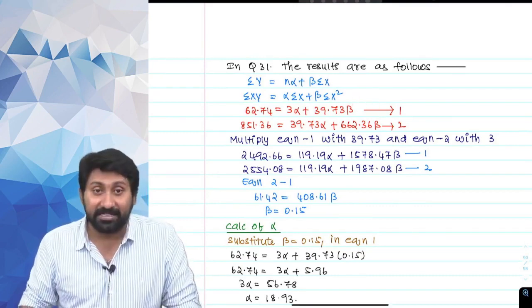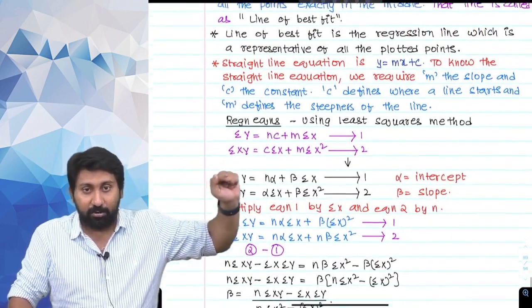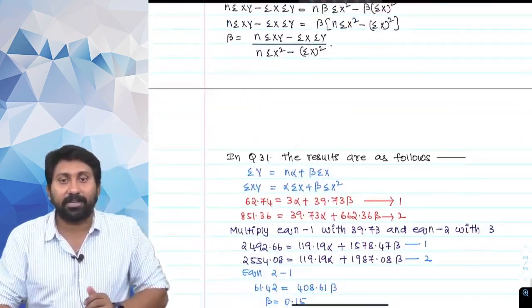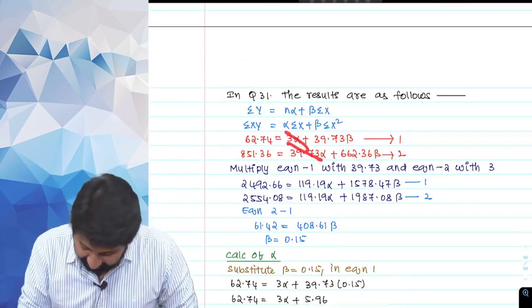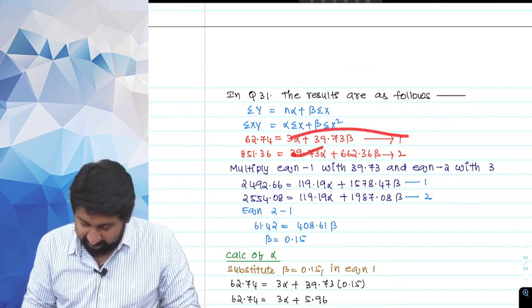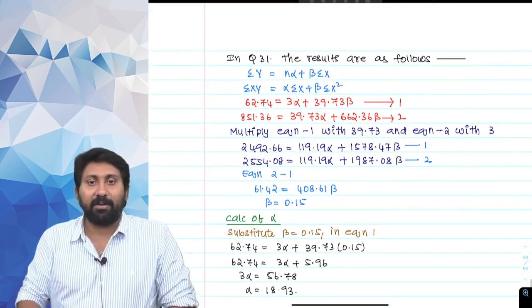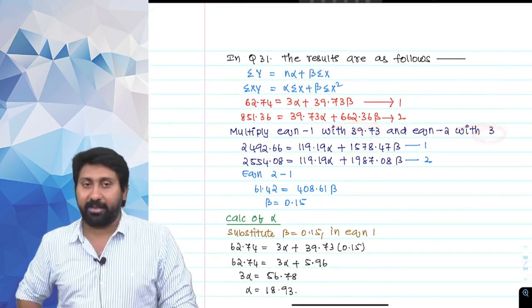If you know the derivation, you will understand we have to multiply with sigma x. I want this and this to cancel. So multiply this with this and this with this. Automatically the first equation we multiply with 39.73, the next equation with 3.